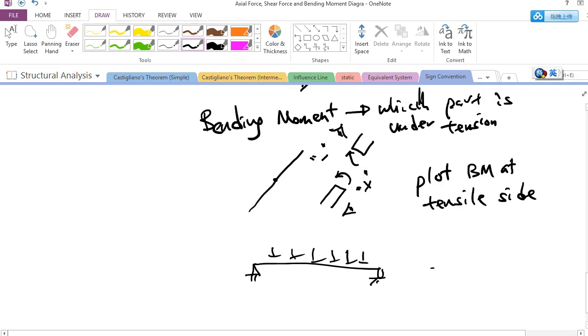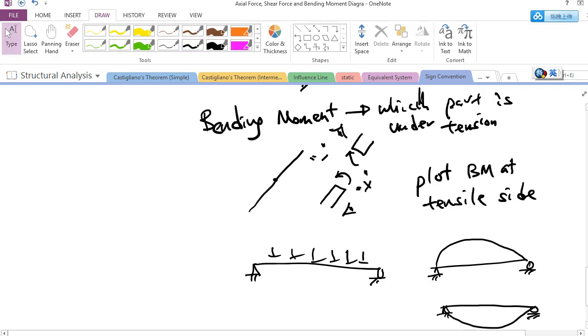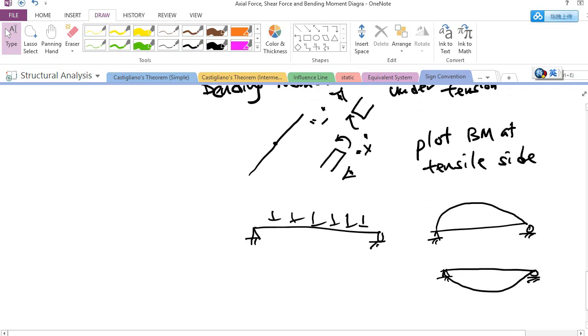The bending moment that you commonly find in the textbook is something like this. However, in civil engineering practice, you will find the bending moment to be something like this. You can see that we draw it at the bottom because we know that the bottom part is under tension.